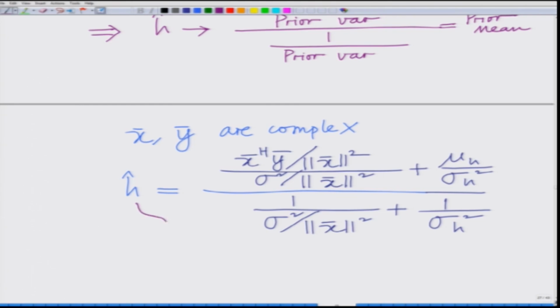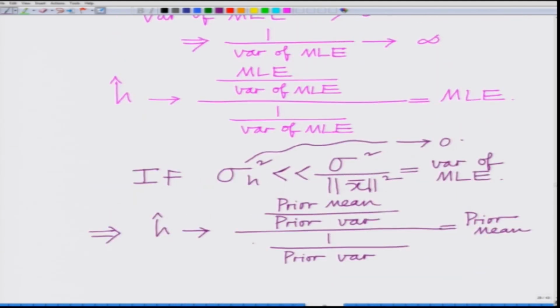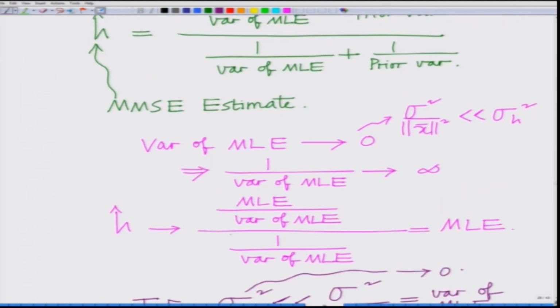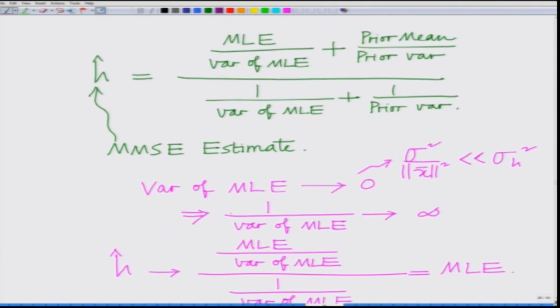This estimate is going to be a complex quantity, h hat is going to be a complex quantity. Okay. So, that is what happens for the MMSE. This is a linear weighted combination of the ML estimate and the prior mean in the inverse ratio of variances.